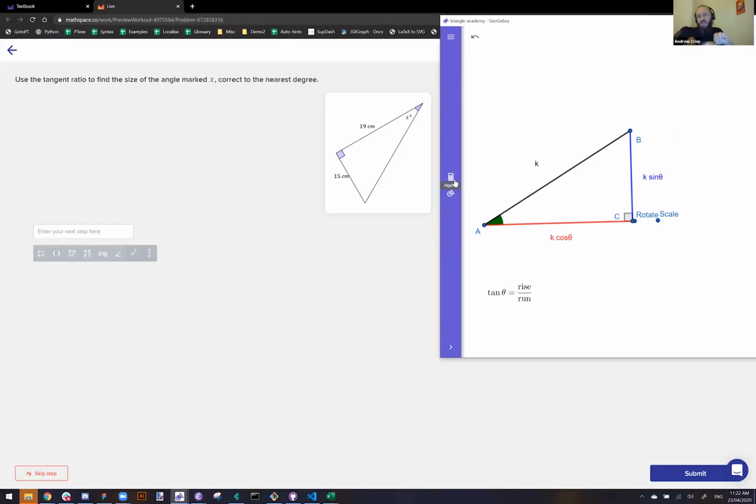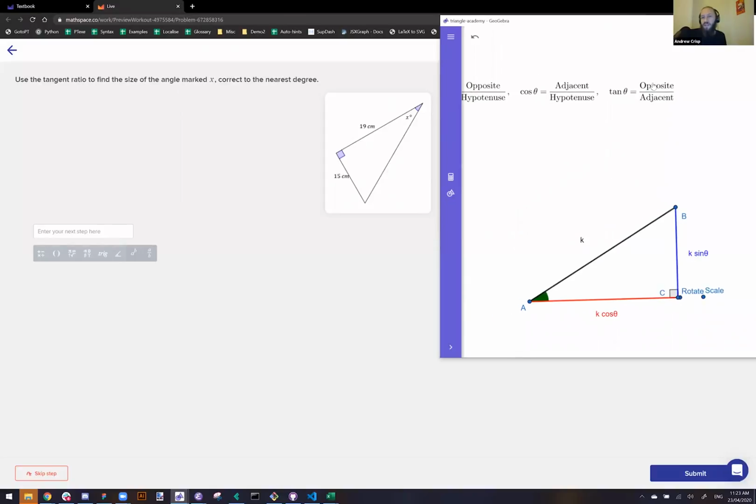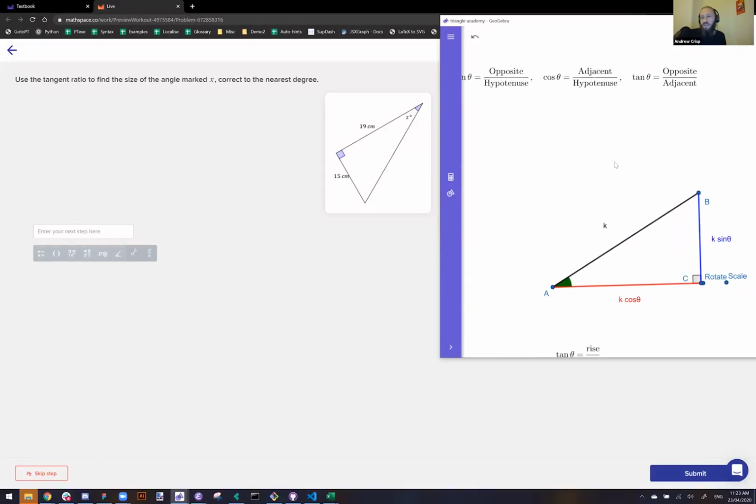Just sort of imagine sticking a pin in there and rotating it around clockwise, and I get something that looks like this. I just need to match them up. And tan theta is rise over run, or alternatively, it's the opposite over the adjacent. I can see that I have the opposite side and the adjacent side.